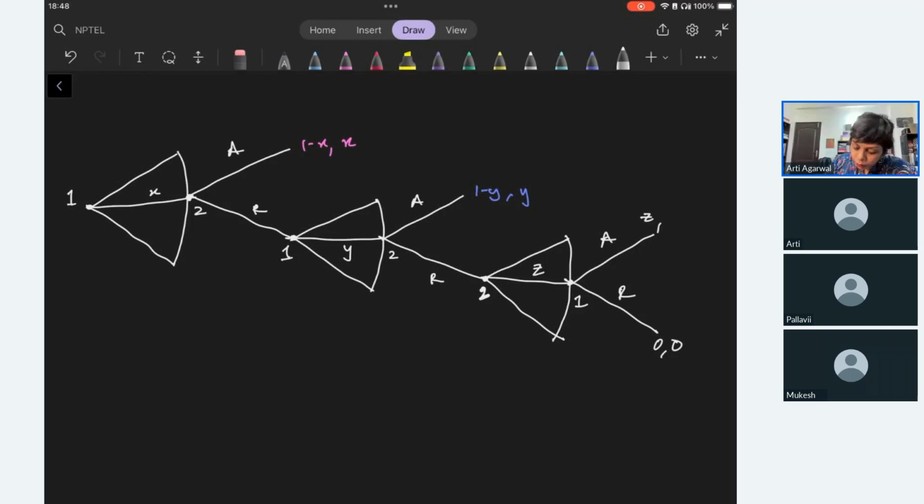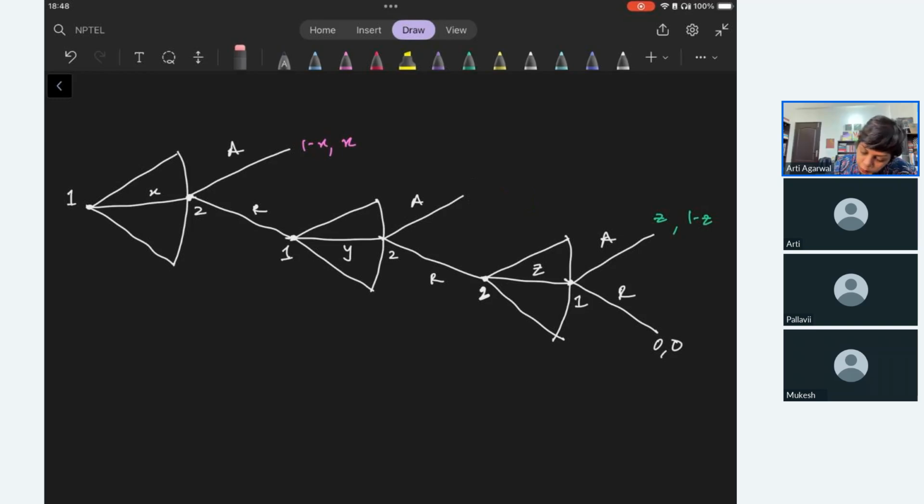If he accepts, then player 1 gets Z, right? Let me write this in a different color. Z and 1 minus Z. So far I have just written the division values, but now we are going to add the discount factor also, right? So this is delta. Let me rewrite the whole thing again.